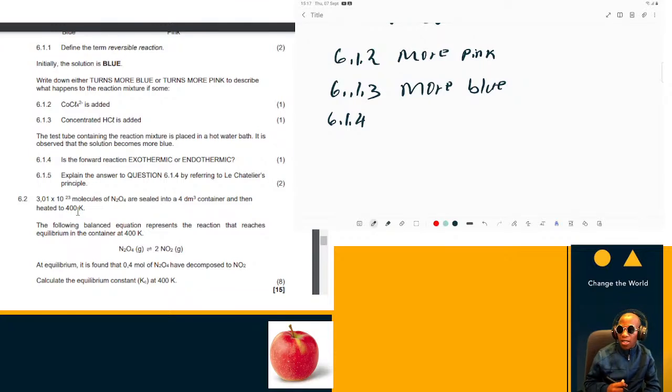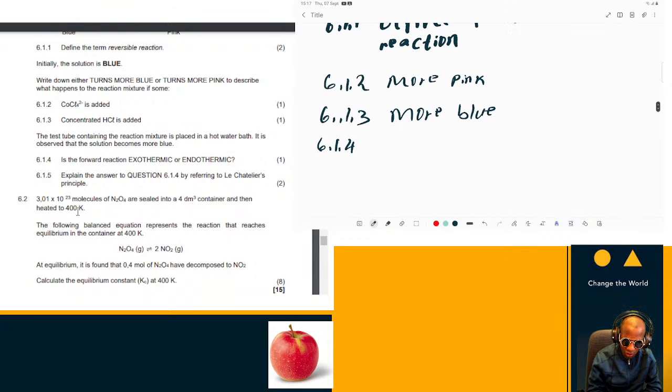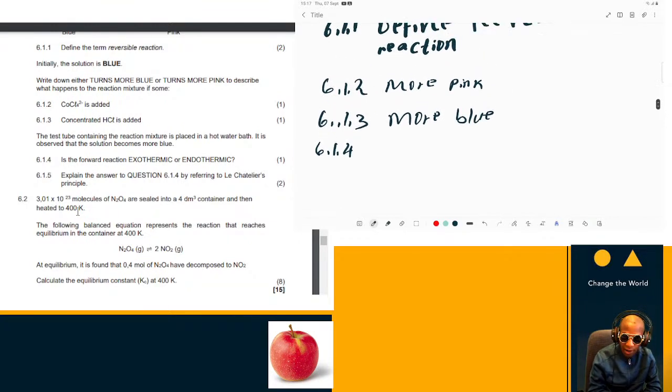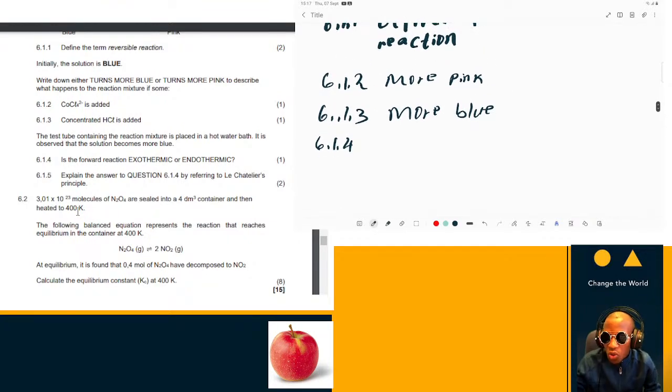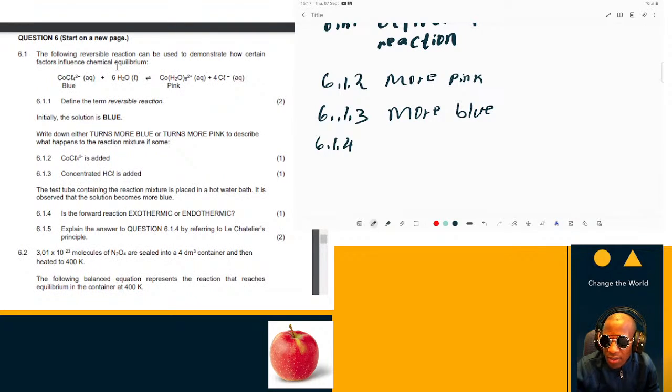absorbs more energy than it releases. So when we are increasing the temperature, we are favoring the endothermic reaction. Because the solution becomes more blue, the reverse reaction is being favored, and the reverse reaction is endothermic, which means the forward reaction is exothermic, guys.